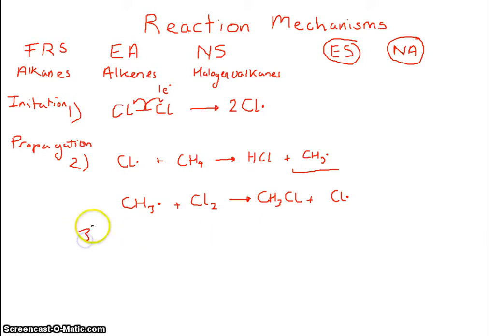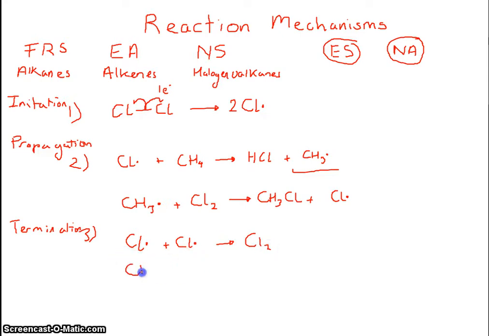And then we get on to stage 3, which is termination. And remember, the fact that it's 3 is important because there's 3 equations. All I do is basically add together my free radicals. So I can take my 2 chlorine free radicals and I can make chlorine again. So I can do step number 1 backwards.